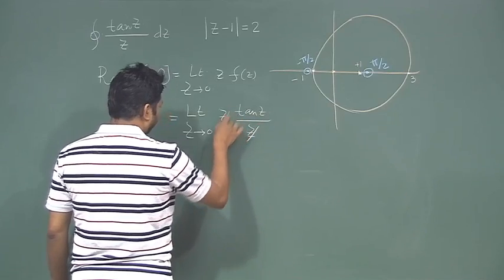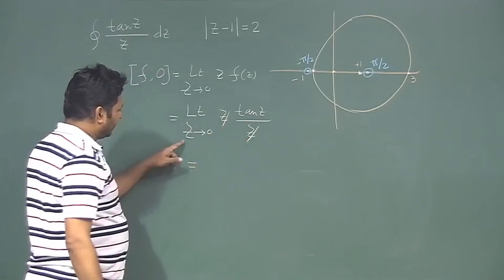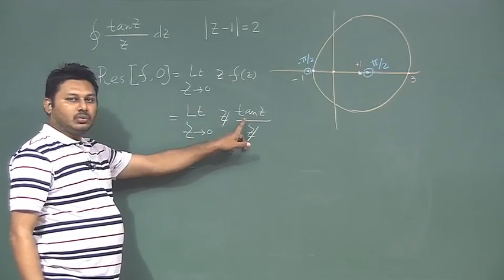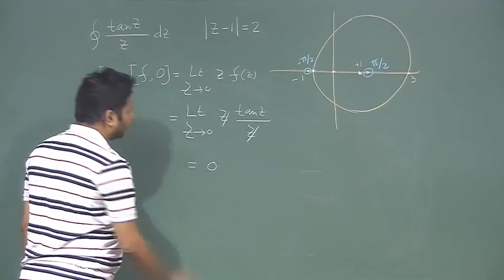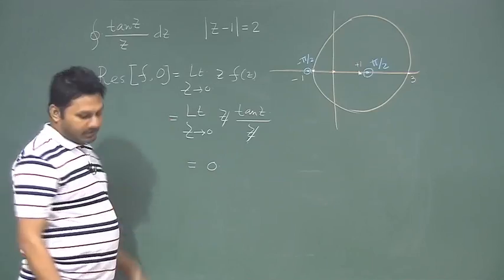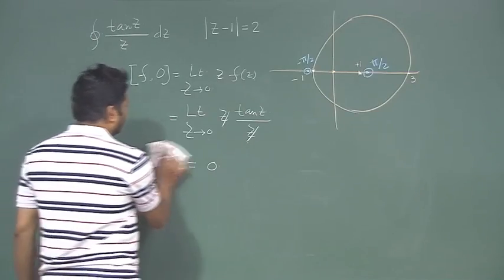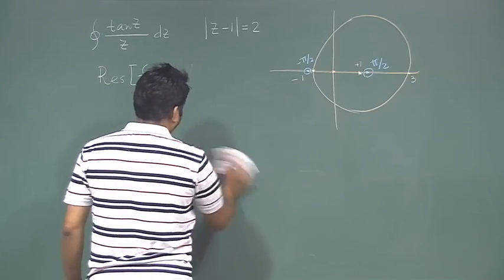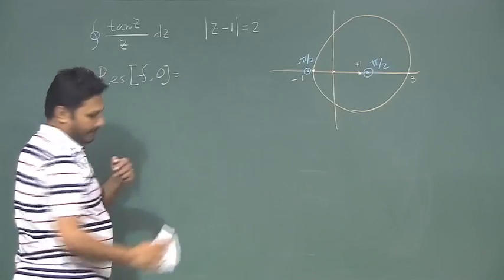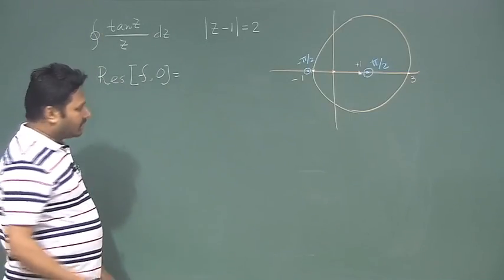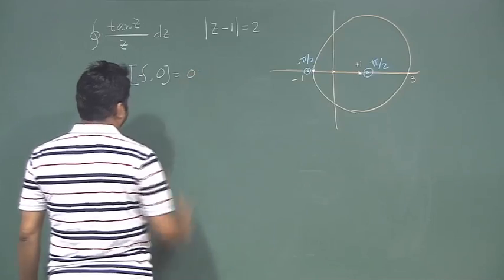So z will cancel out. If I put in the limit, tan 0 is 0. So my first residue gives me the value 0.